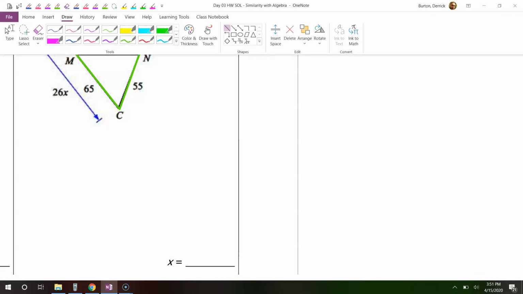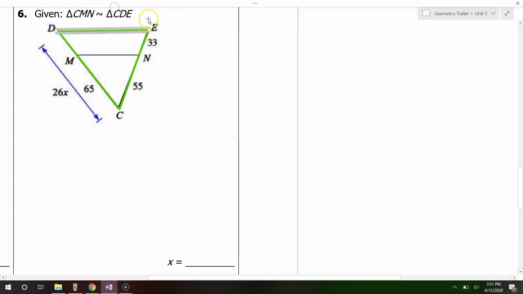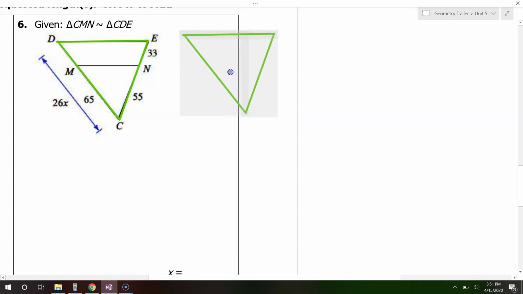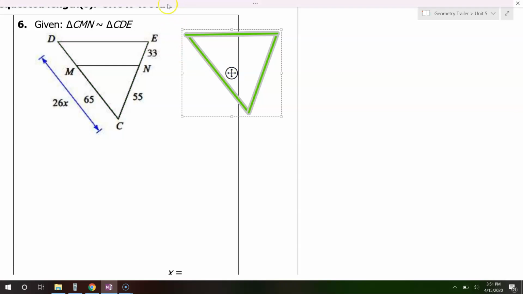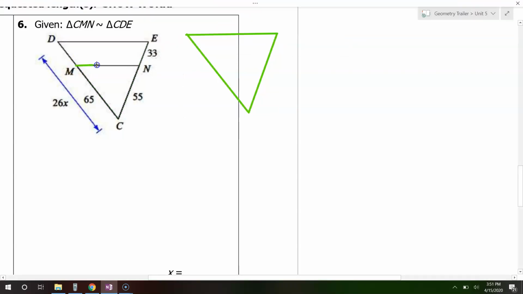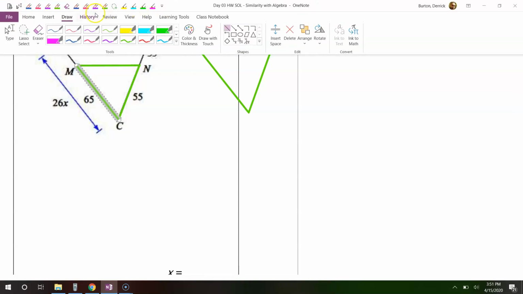Okay, so this is my big triangle. And now here comes my small triangle. All right, it's all about drawing the triangle separately. 9 times out of 10, you want the triangles to be separate.